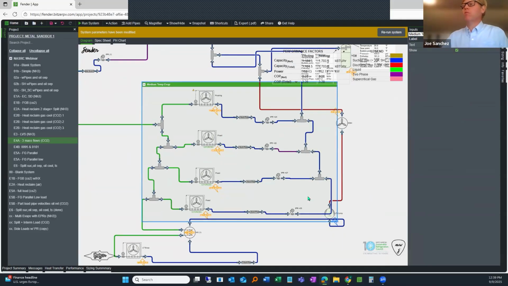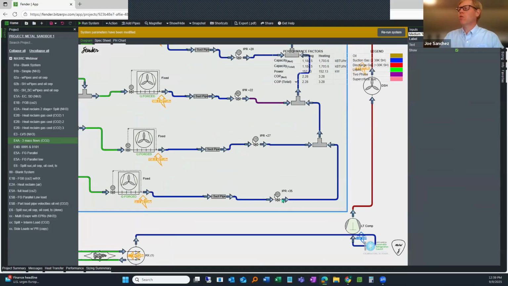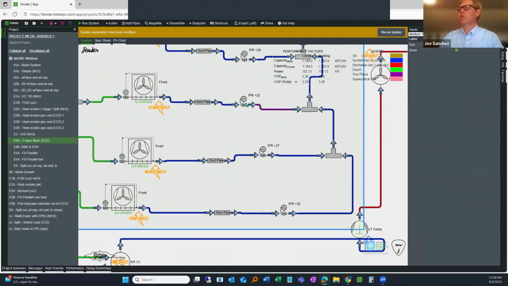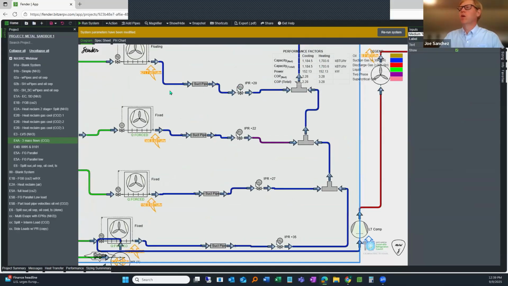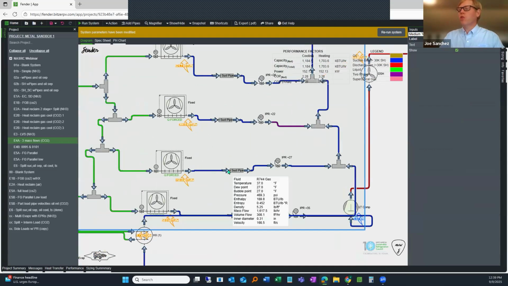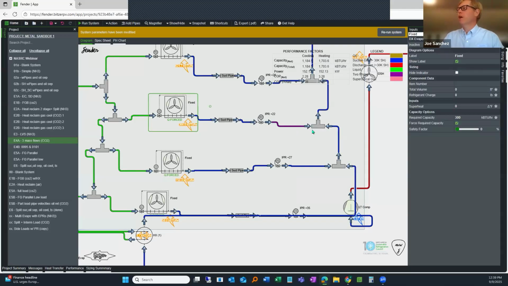We can model it more as in real life, to see how the cases come together. EPRs, setting the pressure 35 degrees. This one's setting to 27 degrees, 22, 20 degrees. And so now we can get more information, velocities, temperatures, and maybe it helps focus on, oh, you can see this is two-phase here. And yeah, I forgot to set the superheat in that evaporator.